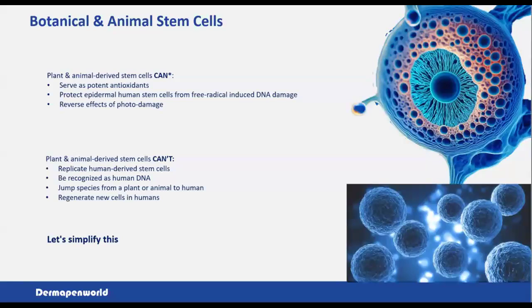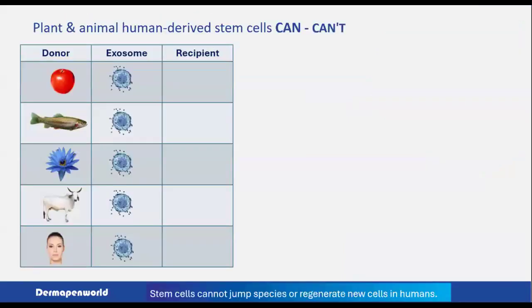They work with each other, but they don't cross over, or they can't jump species. Now, I've made a very simple diagram here to prove this point. Especially the apple, which is a big thing. And I've said this a million times: do I look like an apple if you're going to put apple exosomes in me?